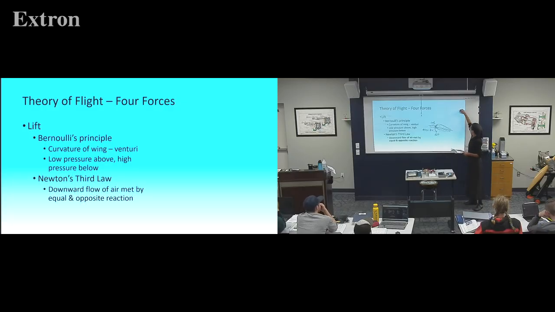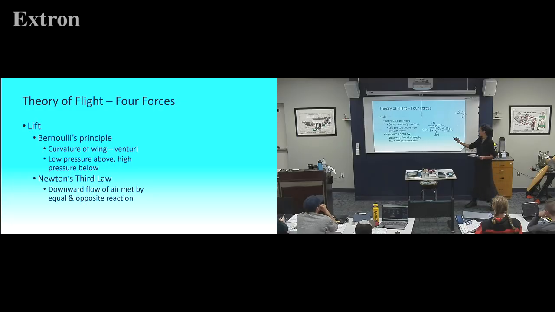With the Newton's third law description, they're kind of saying the relative wind comes like this, hits the wing, bounces down, and then there's an equal and opposite reaction. It's not that drastic.